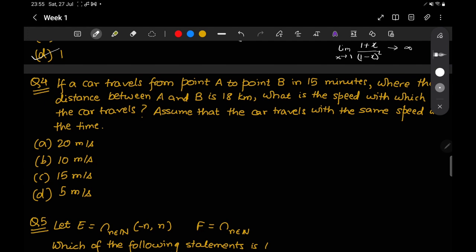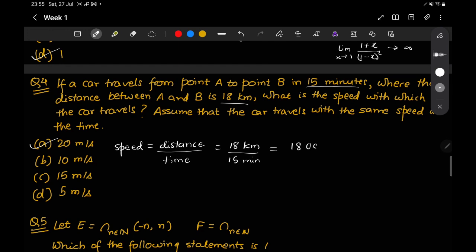Okay, so this was a very simple high school level question, and all of you got it right, as it should be. The option is 20 meters per second. Because we know that speed is equal to distance over time, and distance is given to us as 18 kilometers. Time is given to us as 15 minutes. We just have to do the conversion into meters per second.